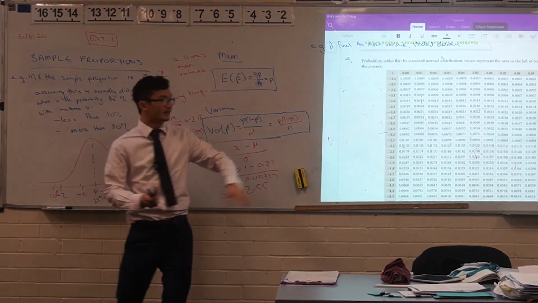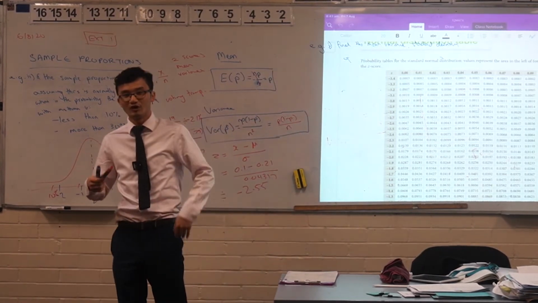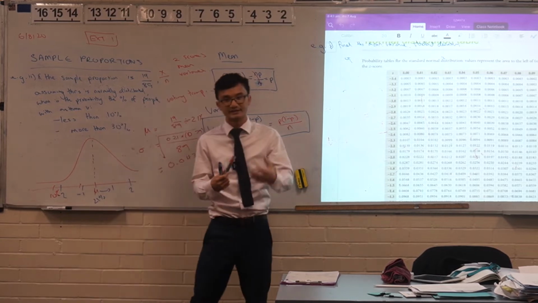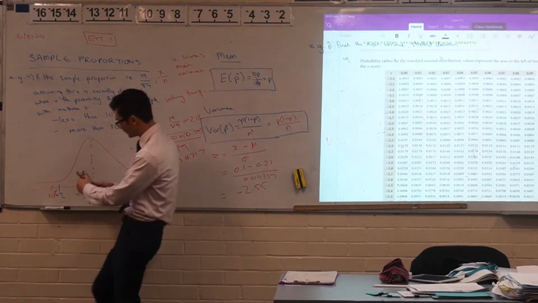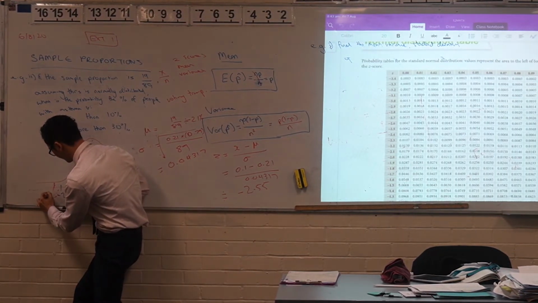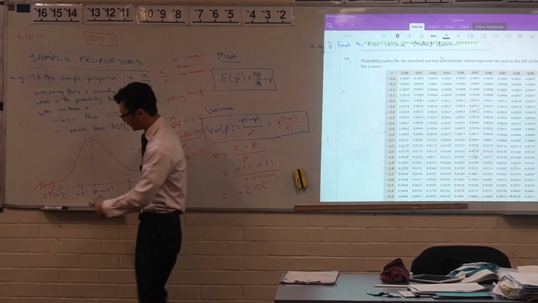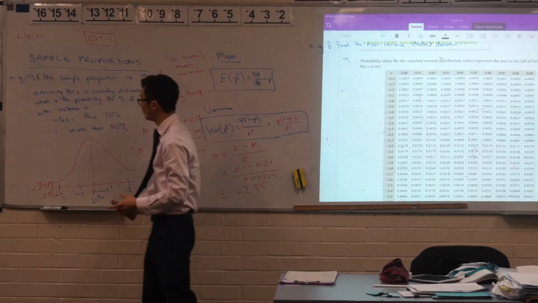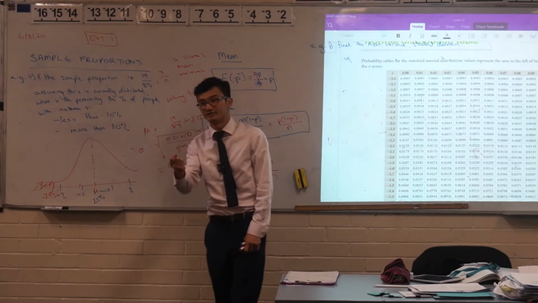But what this table does is give you the cumulative total, the running total of how many people up until that particular z-score. We know this z-score is negative 2.55, so it's like here. If you go to your table and go to negative 2.55, it's going to give you all the values up until this point. So it's the percentage of people less than 10%. It's going to give you your answer, essentially.